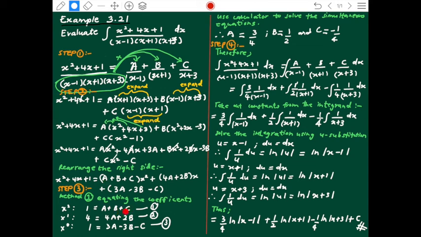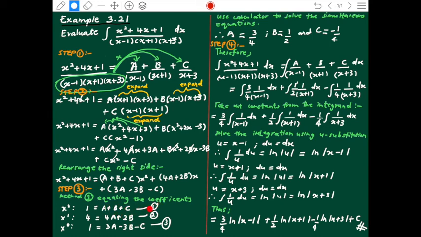So we equate it with a plus b plus c, and then we have x to the power of 1, and the coefficient is 4, so I write down here 4, and the equivalent on the right side is 4a plus 2b. Okay, and then when the x power is 0, the coefficient is 1, so the equivalent on the right side is 3a minus 3b minus c.